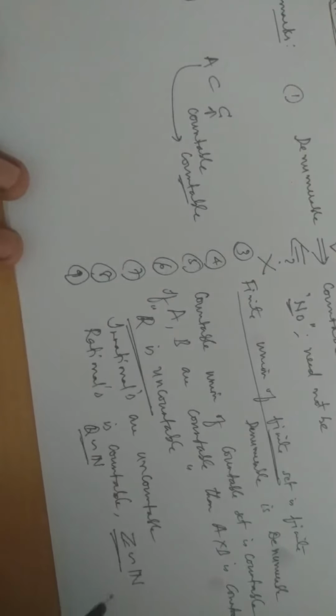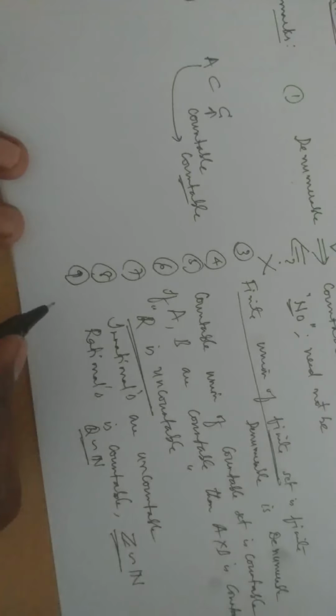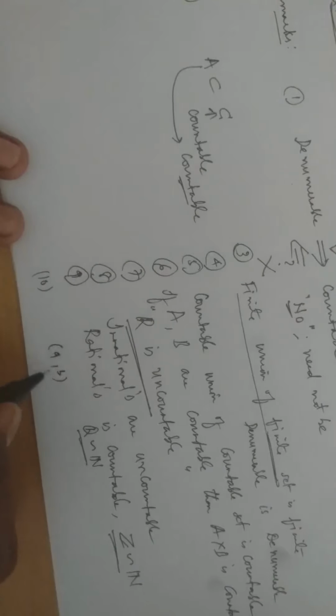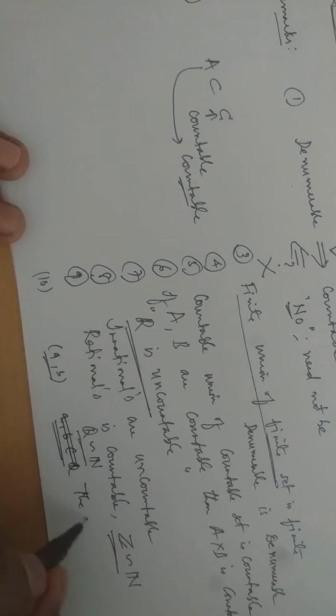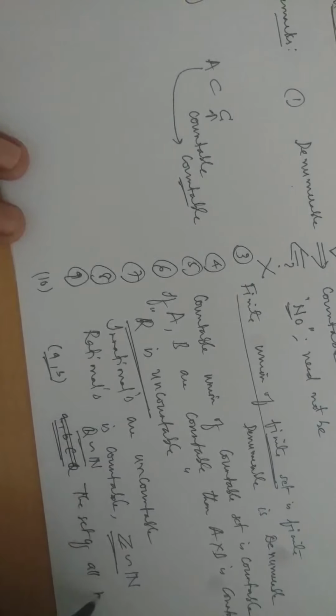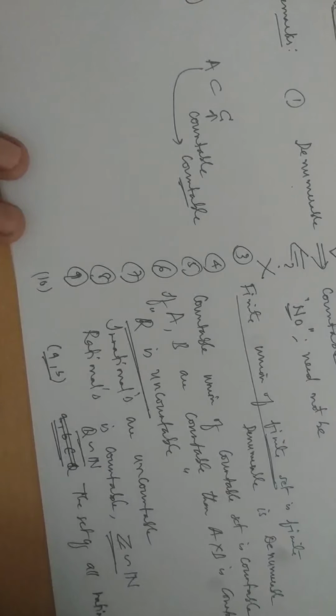Is it clear? Then the next remark is, if I have the interval a comma b, the open interval where the end points are excluded, the set of all rationals in AB is countable.